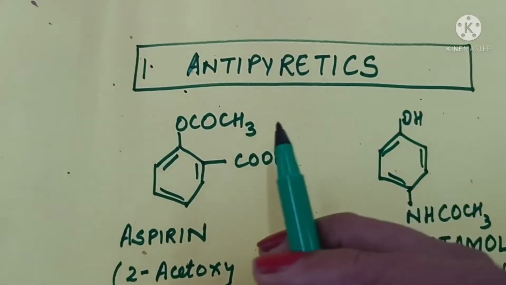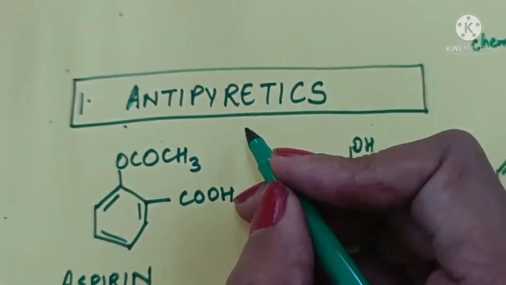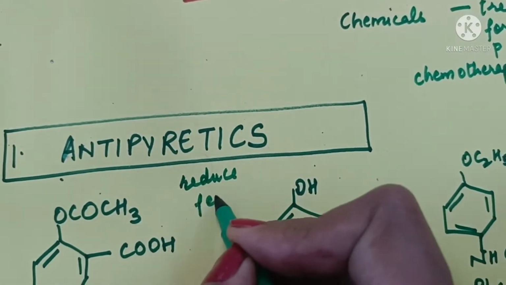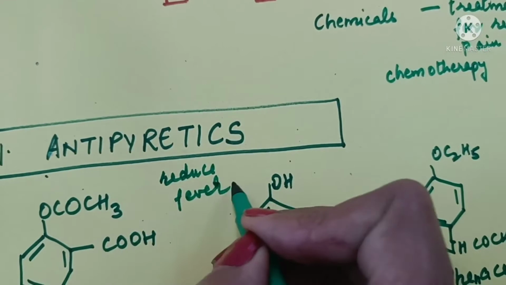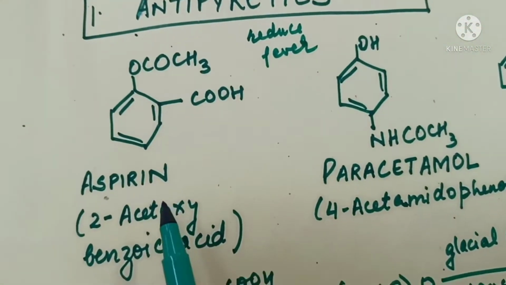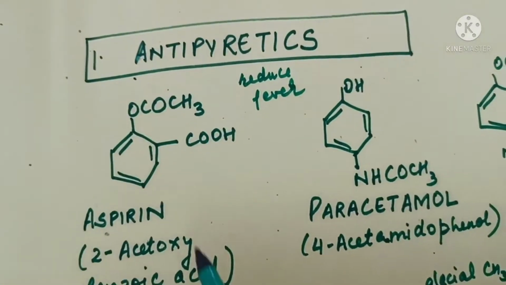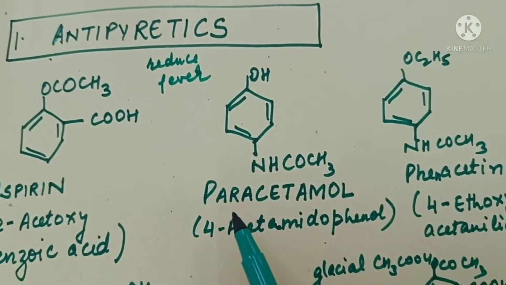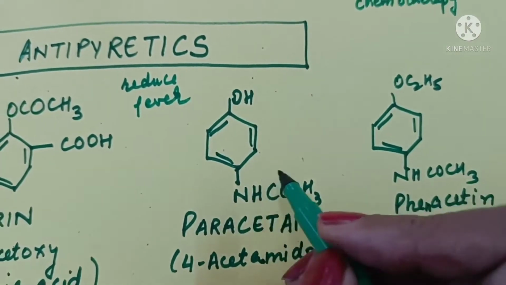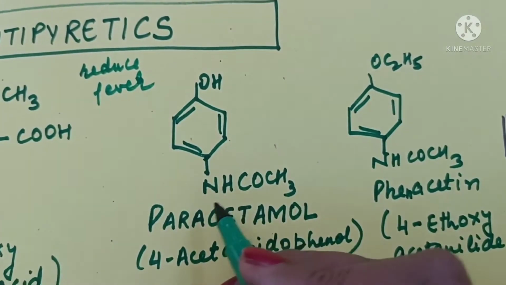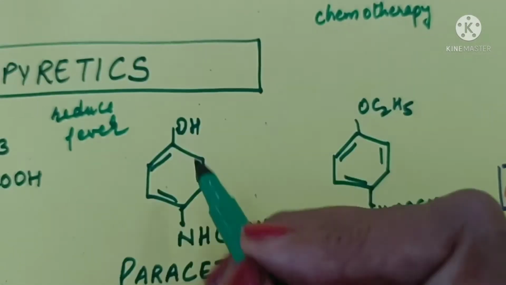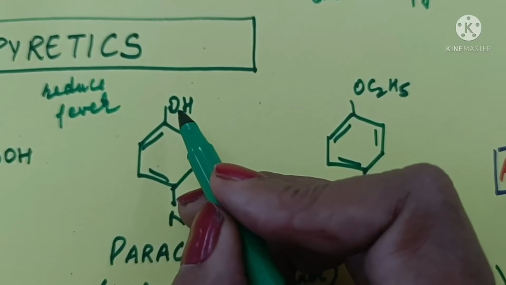Antipyretics, the chemical substances which are used to reduce fever, are called antipyretics. For example, aspirin, 2-acetoxy-benzoic acid. Then paracetamol. In para position, we have acetamido, 4-acetamido, and this is para to the phenol group.